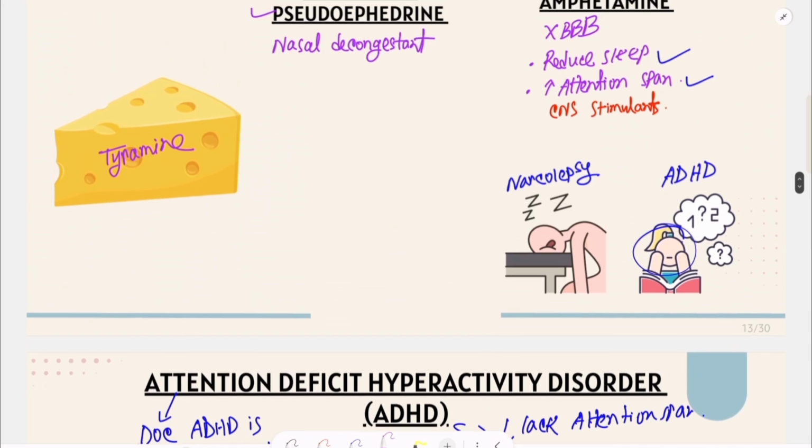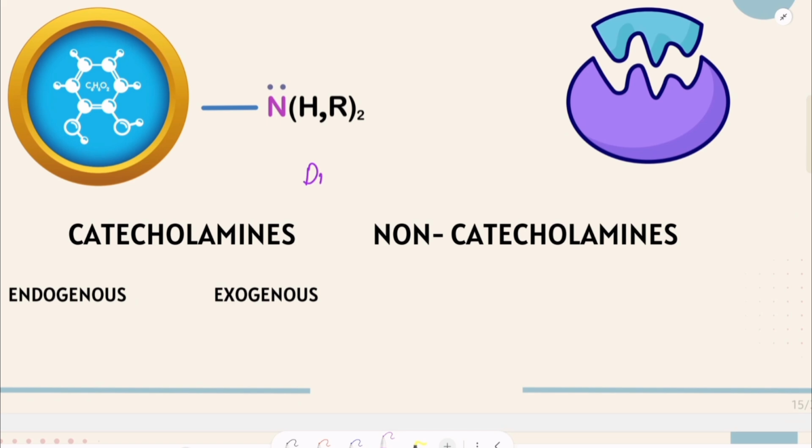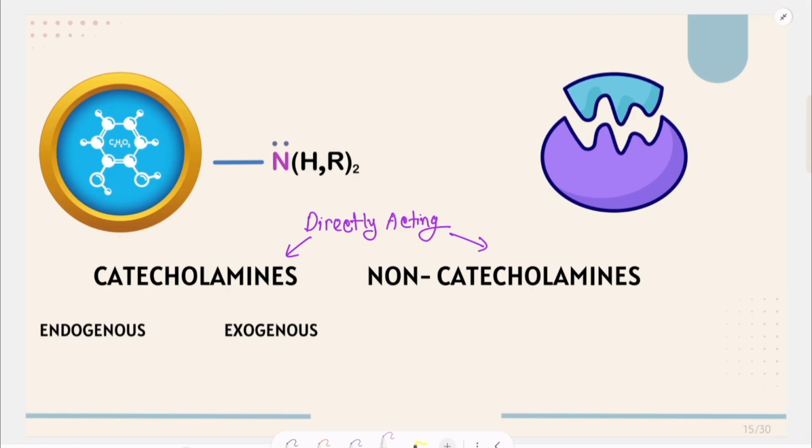So now we will move to our directly acting drugs. Directly acting drugs can be divided into two groups, catecholamines and non-catecholamines. The first question is, what is a catecholamine? Catecholamine is actually a chemical name that consists of catechol and amine.